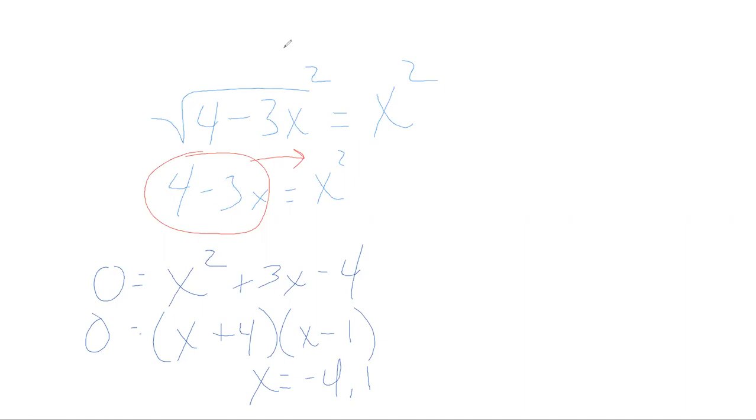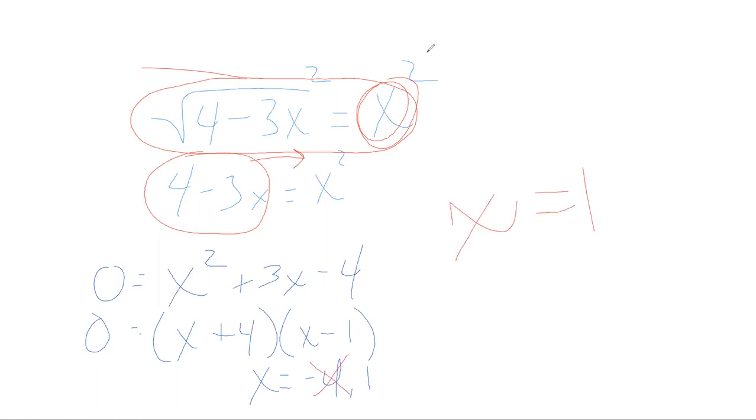Now remember our original equation up here. Which one is not going to work? Because of this x right here, -4 will not work. So our only answer is x equals 1.